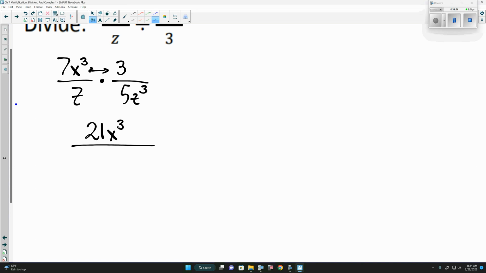We would do the same thing with the denominators. Well, there's no number to multiply 5 with, so it stays 5. z times z cubed is z to the fourth, because whenever we multiply like bases, we add the exponents. 21 over 5 doesn't reduce. x and z are not like terms. So that's it.